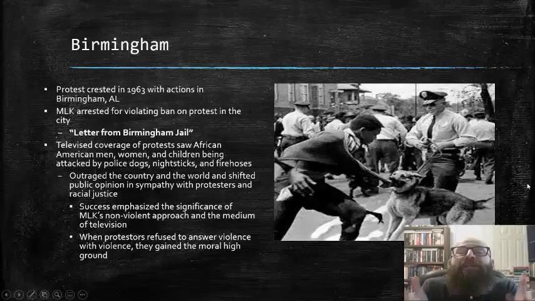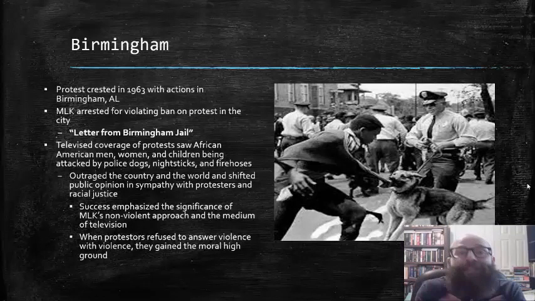The rising wave of protests in the early 1960s crested in 1963 with actions in Birmingham, Alabama, one of the most segregated cities in the entire South. Martin Luther King Jr. became involved in these activities and was arrested for violating a ban on protests in the city.